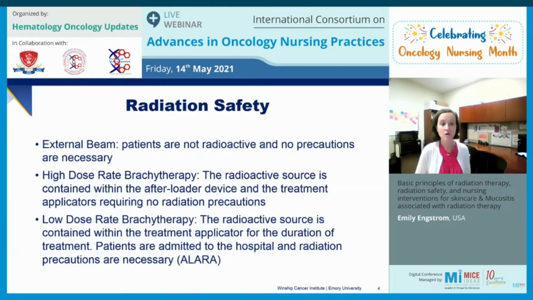So again, no risk to the staff, and the patient gets the dose of radiation where it needs to be, and then that radiation goes right back into the unit. It never touches the patient, it's not contaminated in any way. And then they've received the dose and they can go home, and they're again not radioactive, so they don't have any precautions to follow. So it works very well.